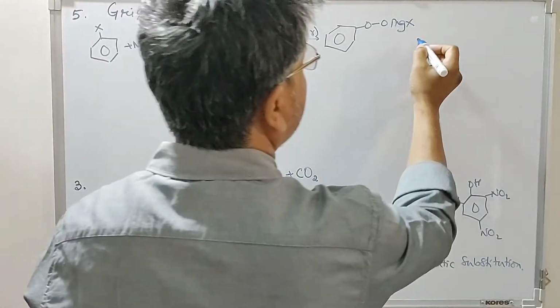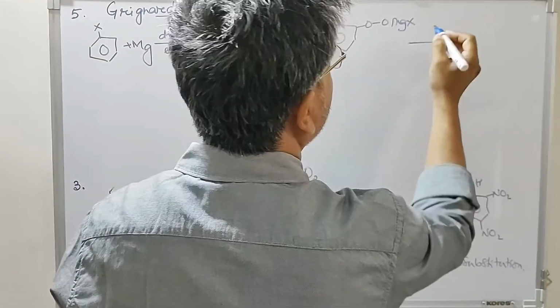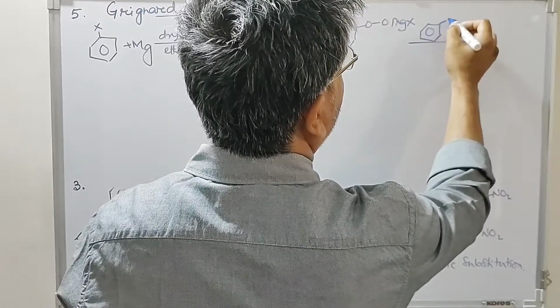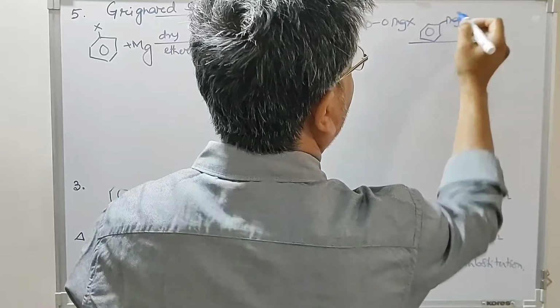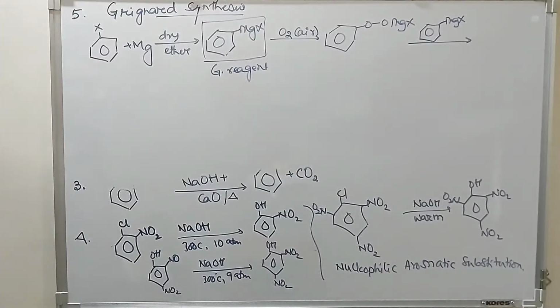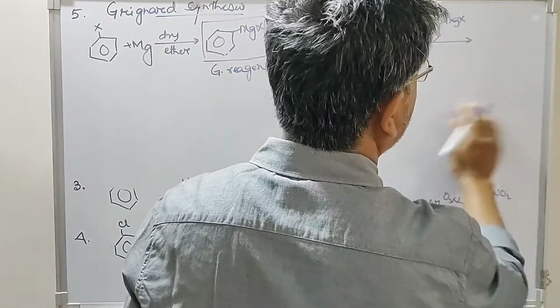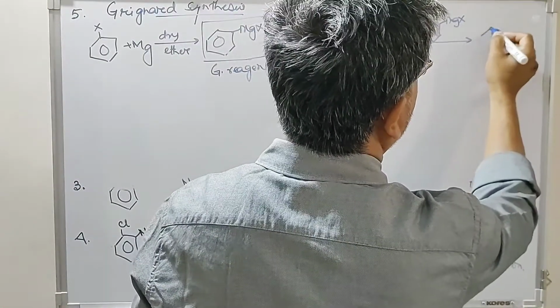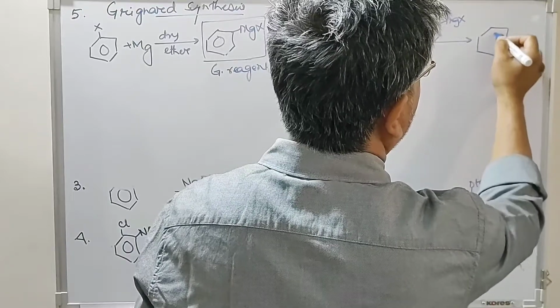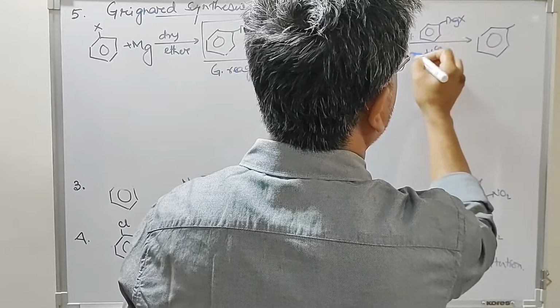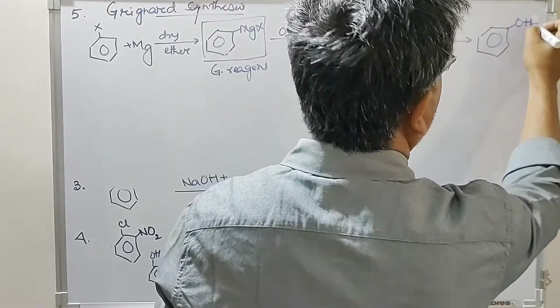This on further reaction with more Grignard reagent, followed by acidification, gives you phenol.